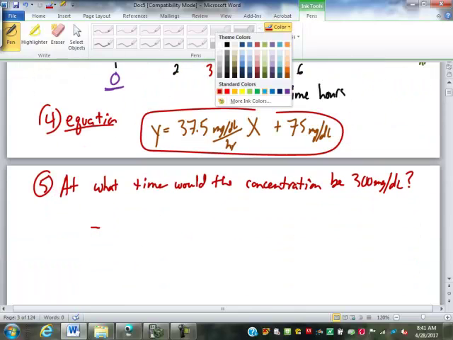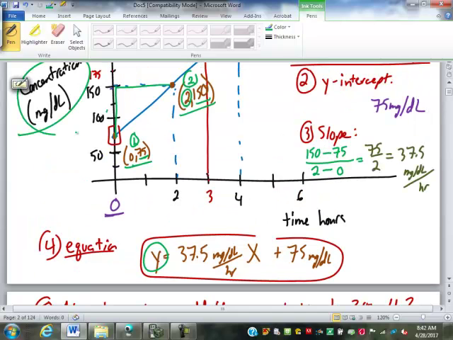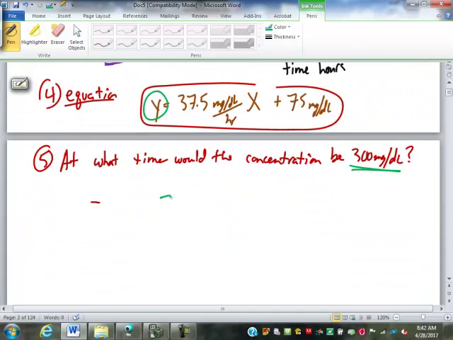So I'm going to take that equation. Milligrams per deciliter is the concentration. So that's going in for y. The vertical is the concentration up here. So that would be the y variable. So 300 goes in there.